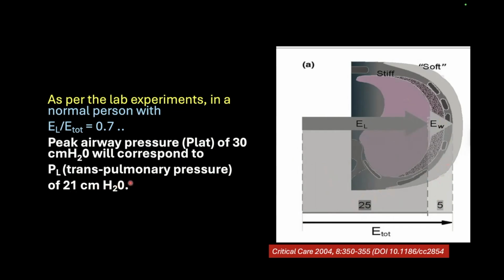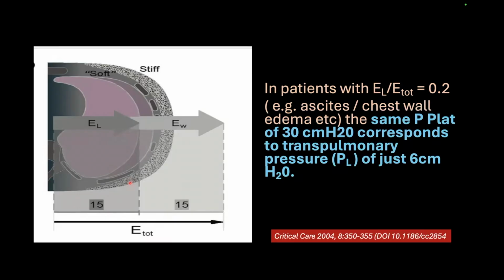However, if you have poor chest wall elastance like obesity, ascites, chest wall edema, or pleural effusion, and you have a P plateau displayed on the ventilator screen as 30 centimeters of water, only 15 centimeters is actually used in expanding the lung, and the remaining 15 is wasted in overcoming the poor chest wall elastance.